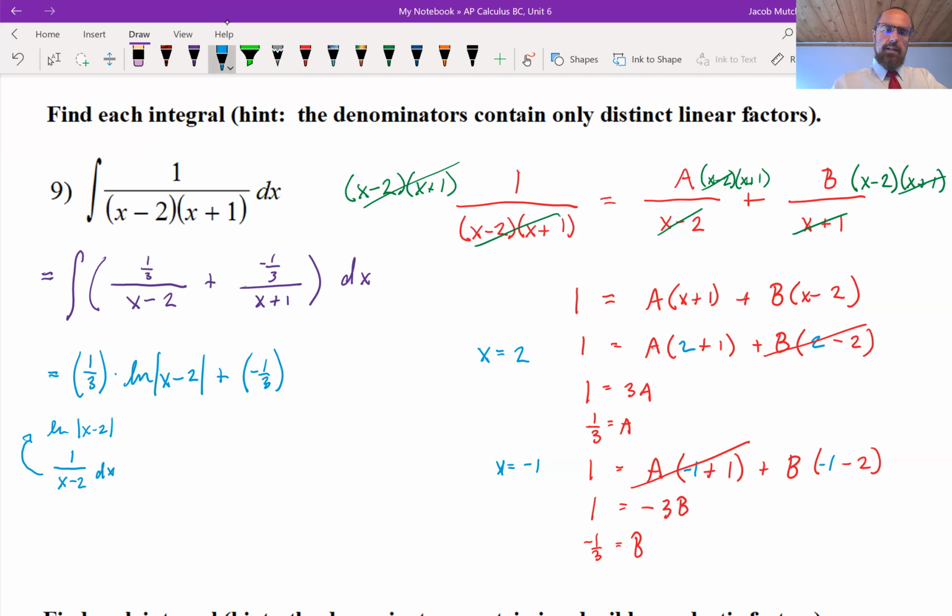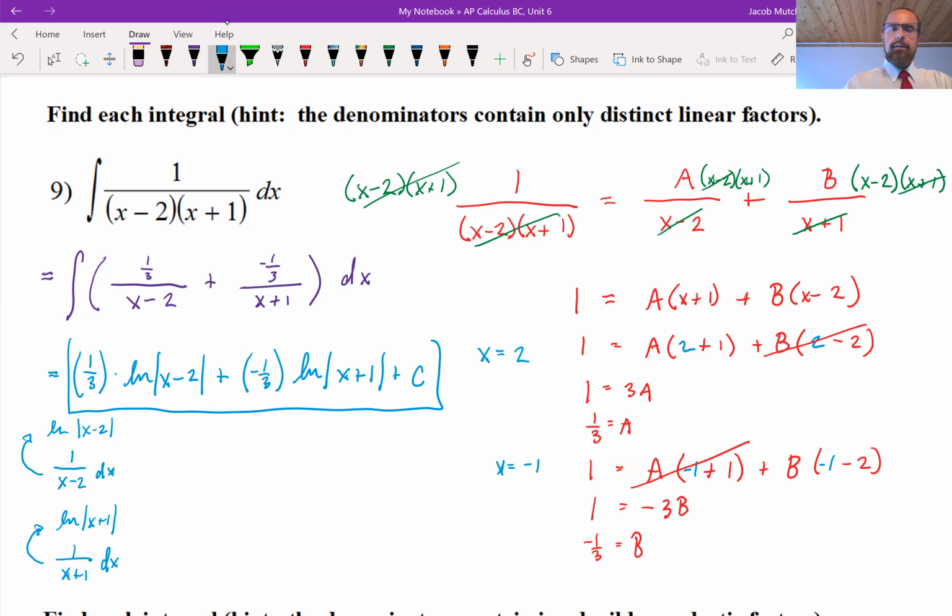And again, this is also set up for natural log. If I've got 1 over x plus 1 dx, the antiderivative for that's going to be the natural log of absolute value x plus 1. And with that strategy in place, I can complete the integration. Because it's indefinite, I will put the plus c, and that's complete.